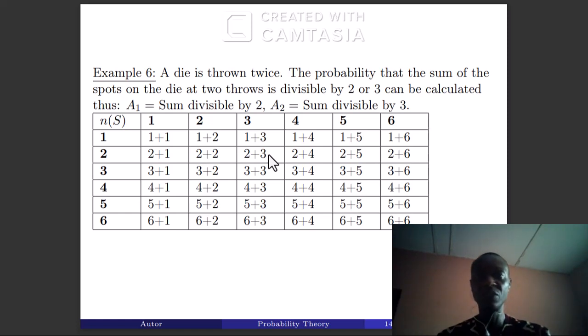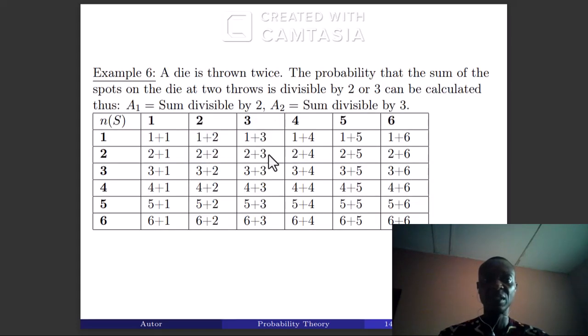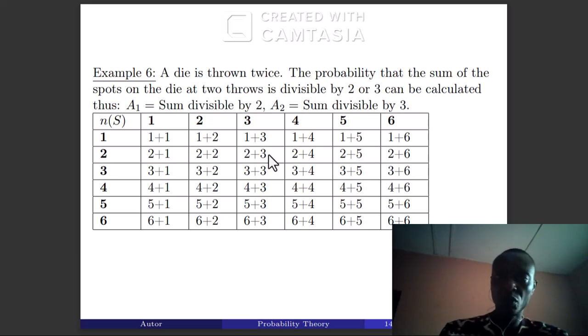So the first thing you need to know is the total possible outcome. So the probability that the sum of the spots on the die at 2 throws is divisible by 2. Then you have to get the sum and see how many of them are divisible by 2 or 3. So how do we go about that? Number of A1 is 18. That is divisible by 2.